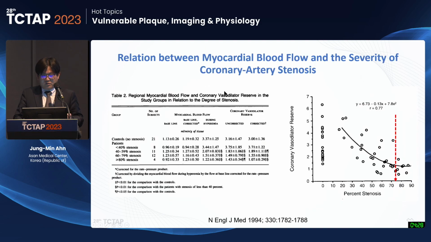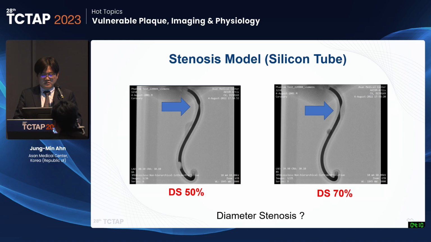This was also demonstrated by some nuclear studies. More than 70% diameter stenosis failed to increase the blood flow even after maximum hyperemia. However, can you guess, in real daily practice? We made a stenosis model with contrast. This is 50% diameter stenosis. This is only 70%. Is this a critical stenosis in your cath lab?